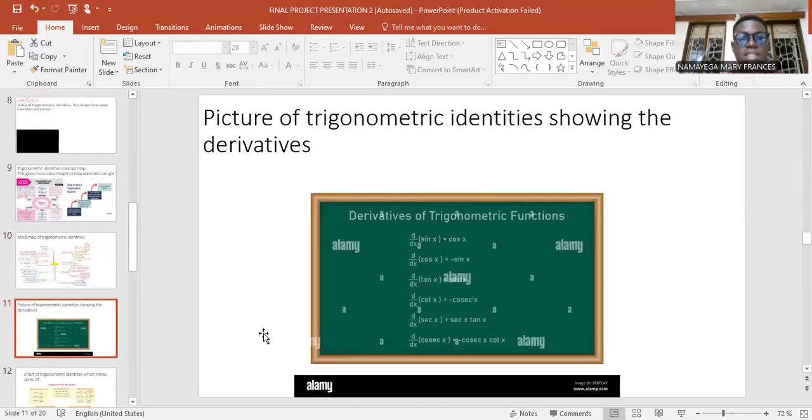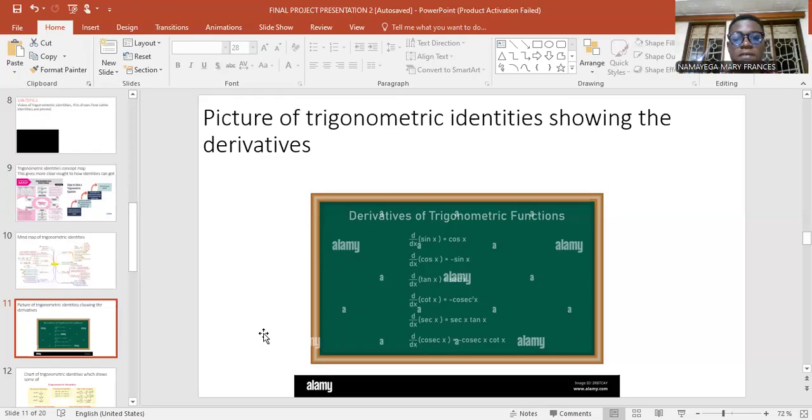Then we have the picture of the trigonometric identities where we are having the derivatives. We have the sine, cos, and the tangent, and even some other. Because when you're having these trigonometric identities, they also have derivatives, and this is a very crucial part in this topic.